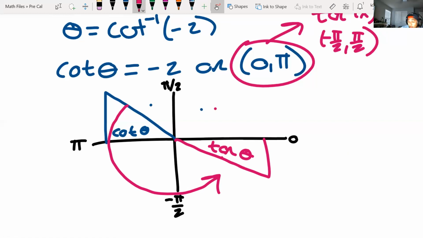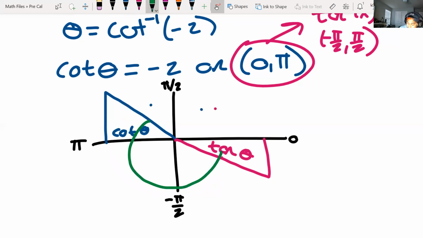And if they both repeat themselves every pi, that means if I took this angle and ended up in quadrant 4, no matter what, you'd get the same output because they share the same values, and they'll be negative. So all we have to do, let me erase that arrow, to get it from quadrant 2 to quadrant 4 is to take whatever value of theta we're given and add pi.